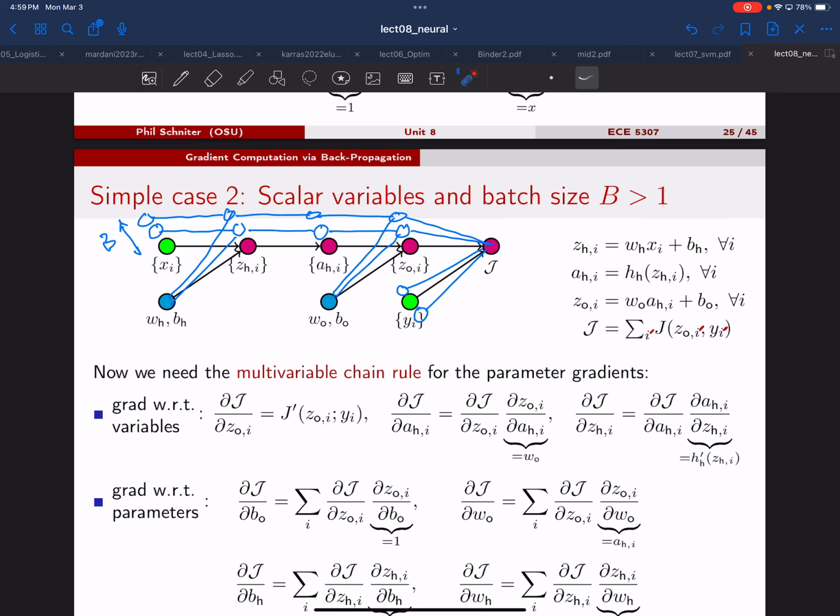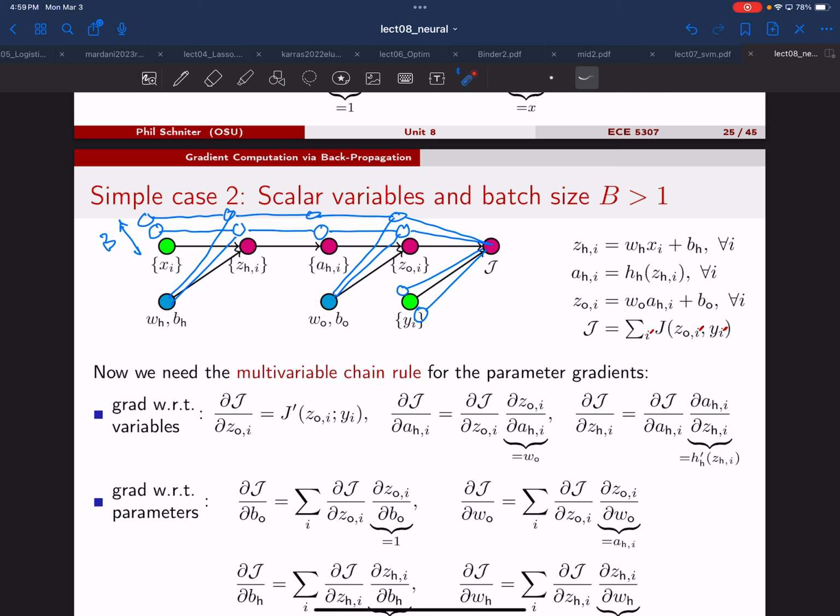Okay, now let's think about dJ/db_O. So here, when I do dJ/db_O, I have to go through all those parallel paths, right? So that means I will have multivariable chain rule across those different i's, and so that's why we see the i sum here.